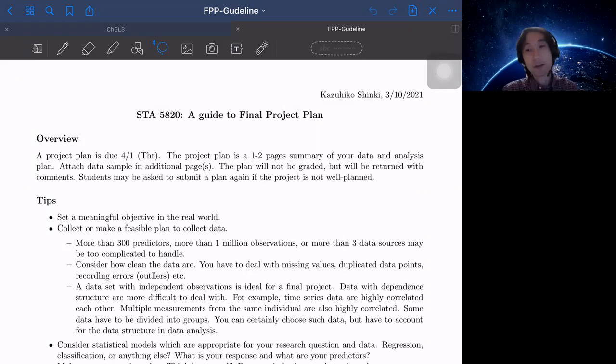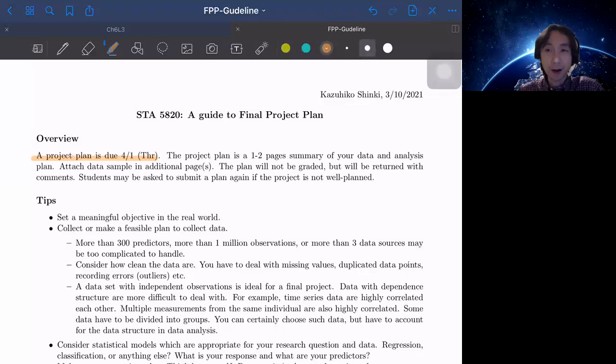This course does not have a final exam, but I will ask you to make a presentation at the end of the semester. At first, I would like you to submit the final project plan, and it's due on April 1st.